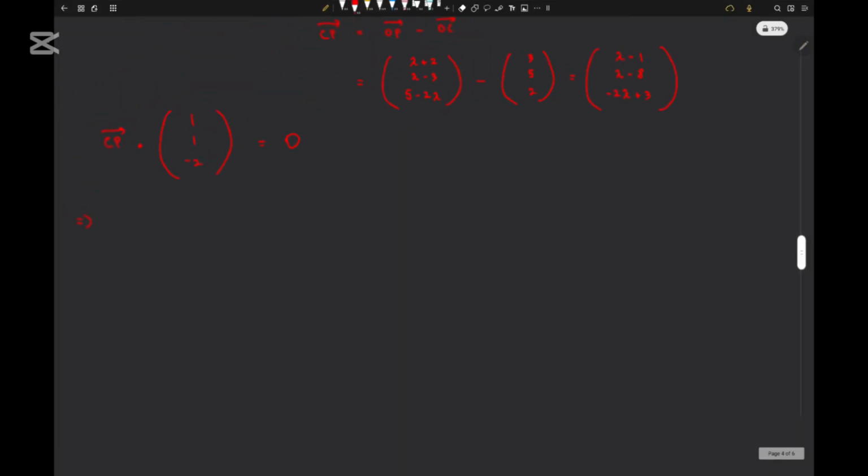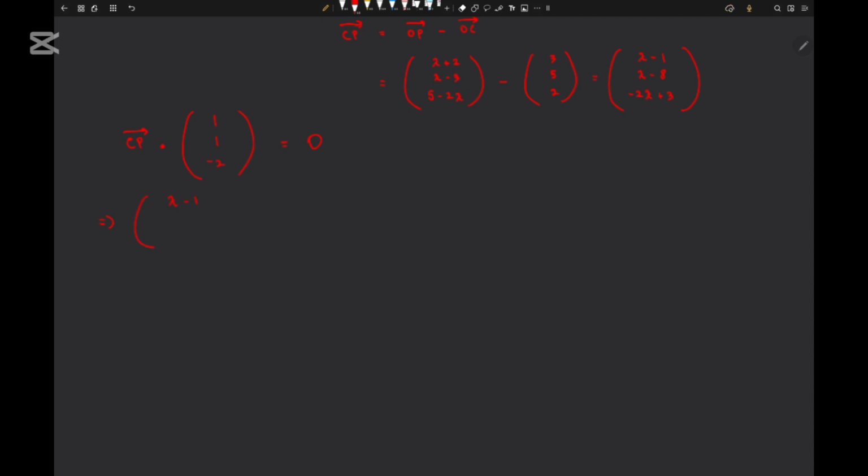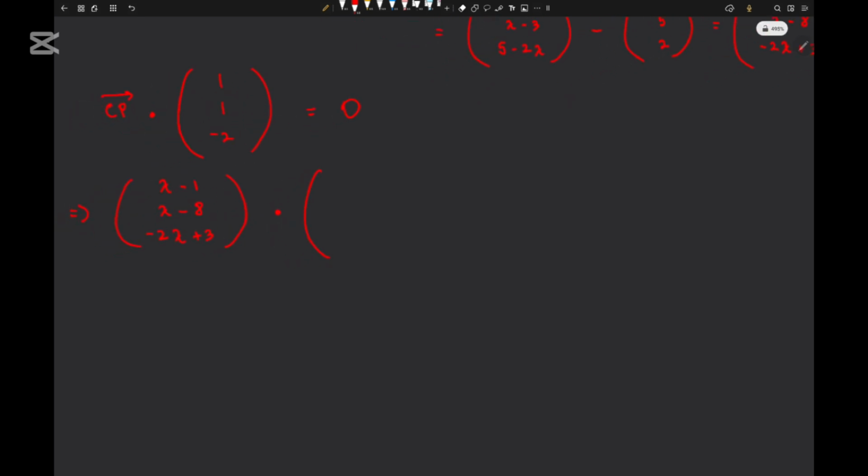So we know that the CP vector is equal to lambda minus 1, lambda minus 8 and minus 2 lambda plus 3, multiplied by the gradient of line, which is 1, 1 and minus 2. This should give us a value of 0.